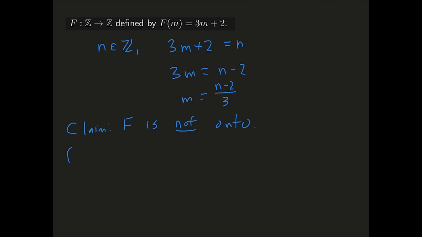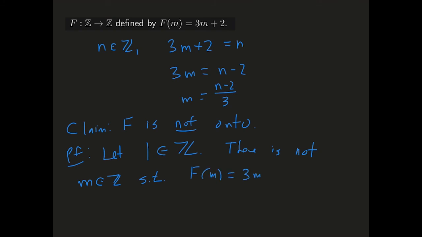And so the proof of this, we could just let 1 be in Z, and there is no m in Z such that f of m, which is 3m plus 2, is equal to 1.